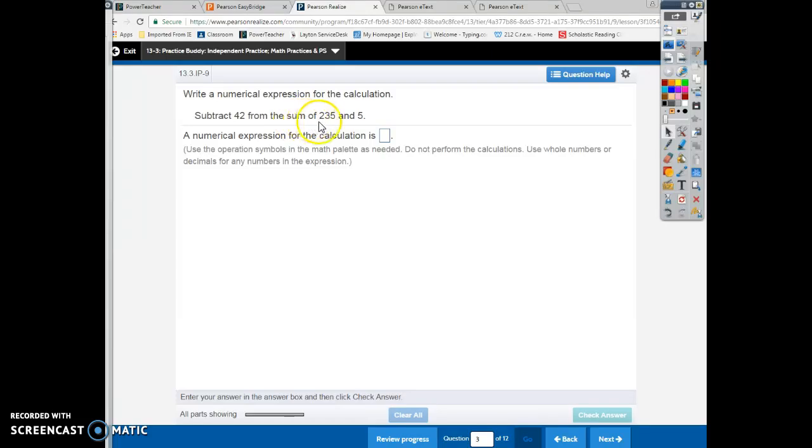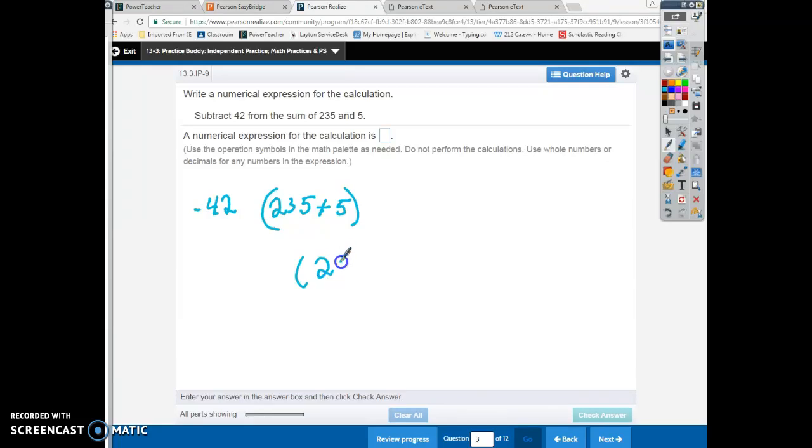Subtract 42 from the sum of 235 and 5. So again, I'm going to write down kind of what I'm reading. Subtract 42 from the sum of 235 plus 5. Well, even though it says what it is, there's no operation right here to tell me what to do first, so it probably tells me that I need to do this first.